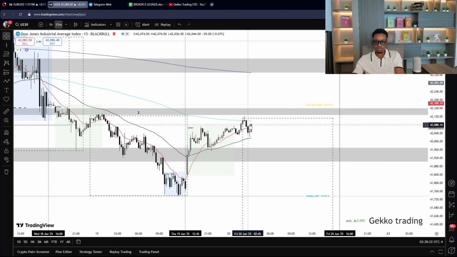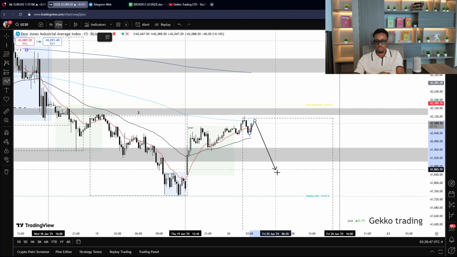We got the pin to the high. So essentially what I would like to see is for price to come here, just as it is reversing, because right now it's currently 11:28, and let me check what time it is in New York, 3:28, which means we are opening the London session right now.